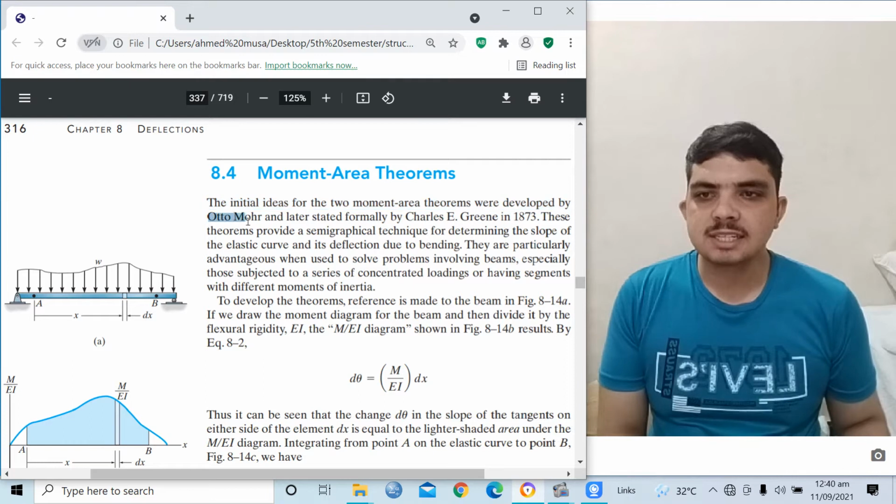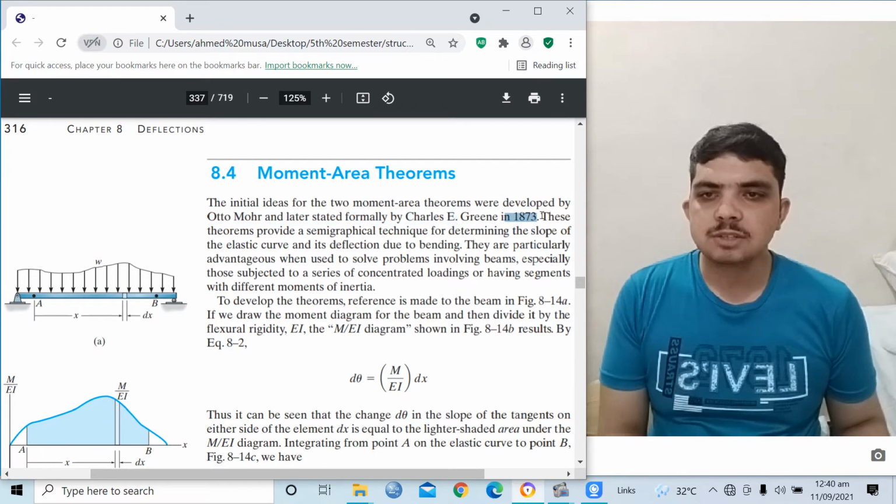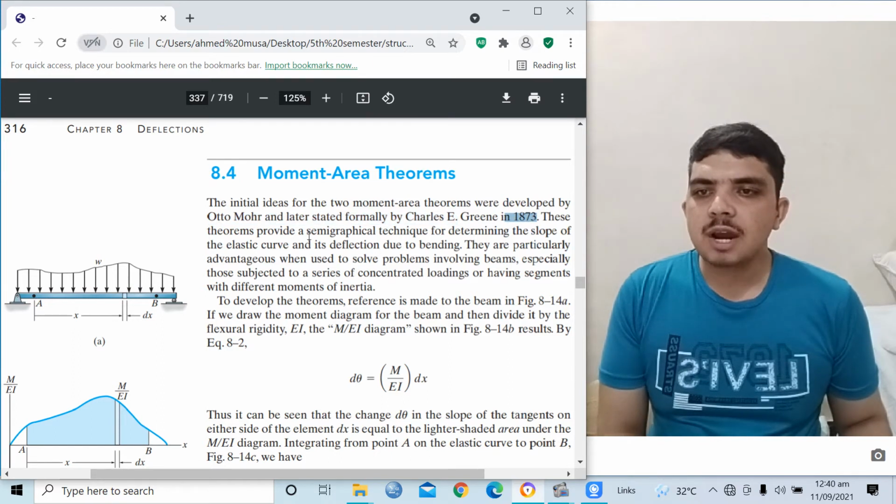This theorem was introduced in 1873. It provides a semi-graphical technique for determining the slope of the elastic curve and its deflection due to bending.